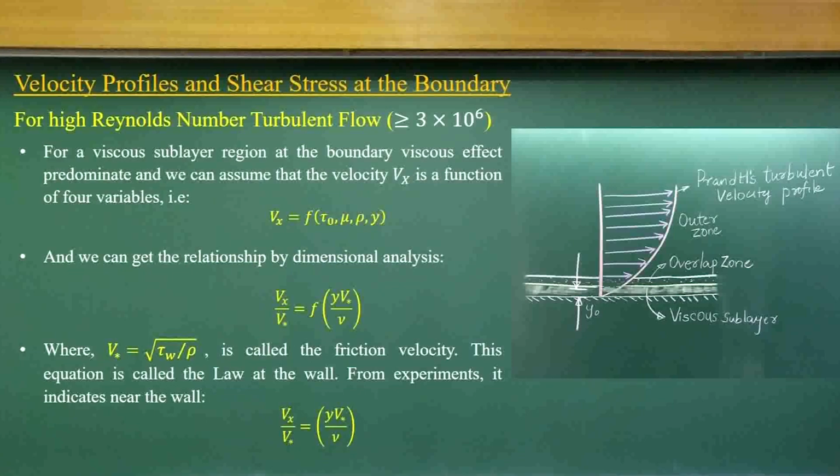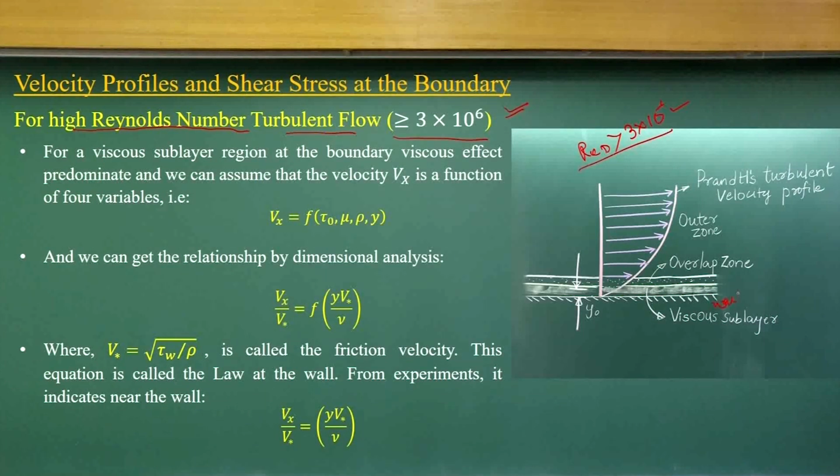Now, when you go for higher Reynolds number turbulent flow, which is more than 3 million, I am not going into more details. When the Reynolds number is more than 3 million, a certain zone of the velocity profile develops.